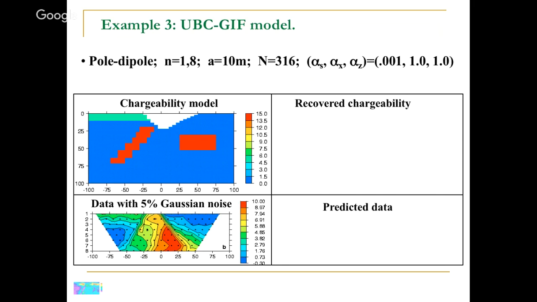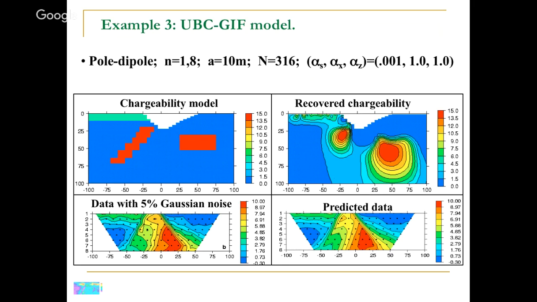But if you take that, go ahead and invert it, this is what you see. So you've got a chargeable block here and a chargeable one. You don't see all of this stuff that's really going down here. And that's simply because the experiment was such that we weren't really driving currents down here. So we didn't really ignite this part of the object completely. So there's not very much information coming from here.